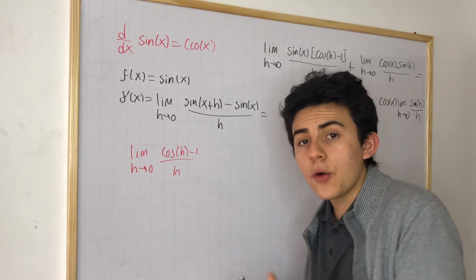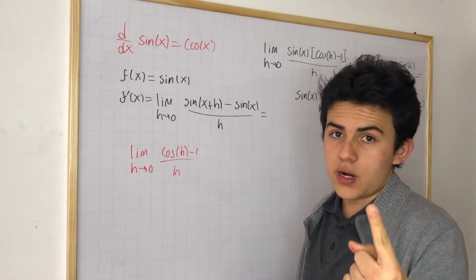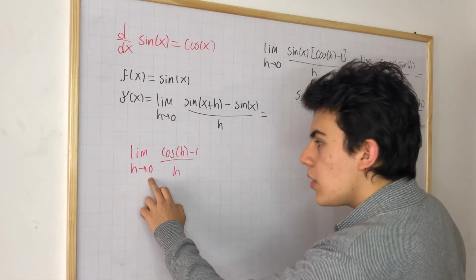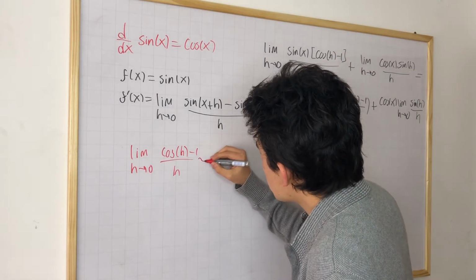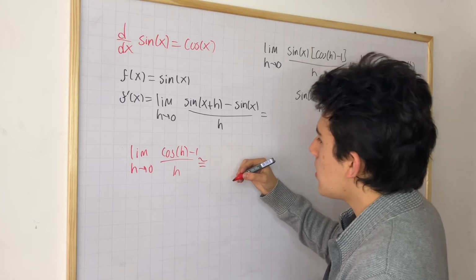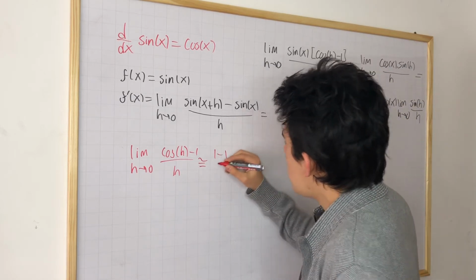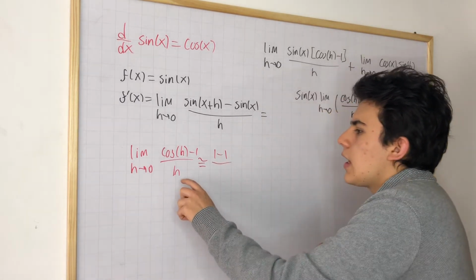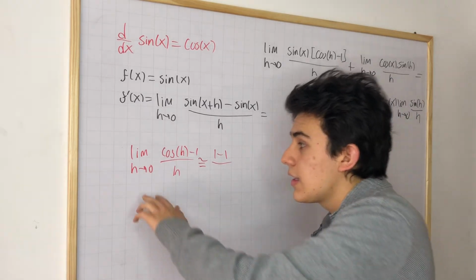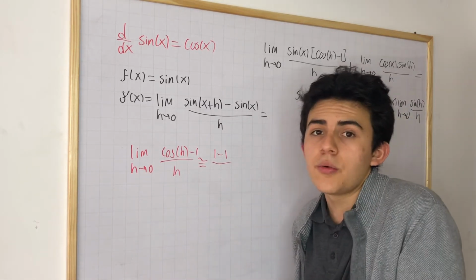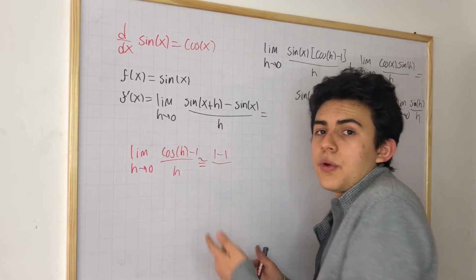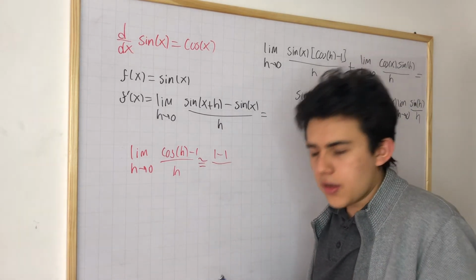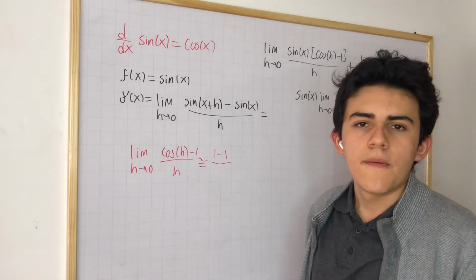Now, we know that cosine of 0 is going to be 1. So if we try to plug in 0 into this expression, the top should be approximately 1 minus 1 over, and now since we are technically saying that h is approaching 0, we're not technically plugging in 0 in here. I mean, we can plug in 0.00000001, okay?